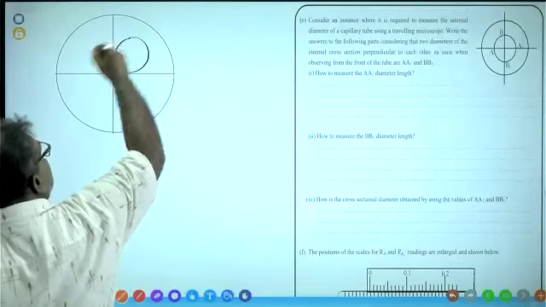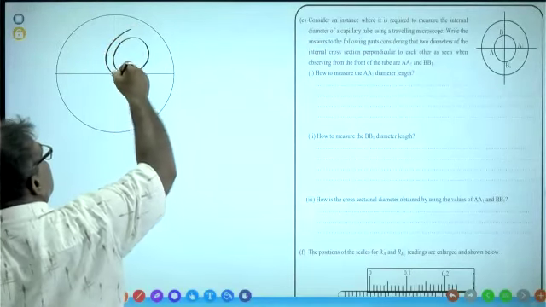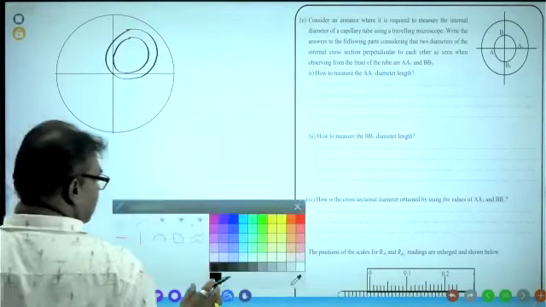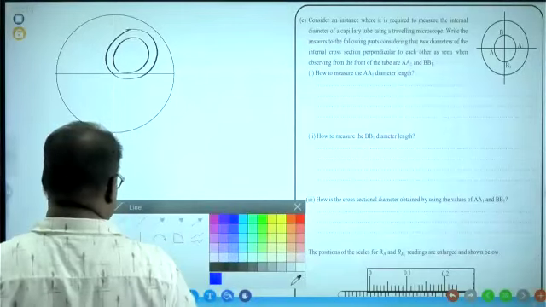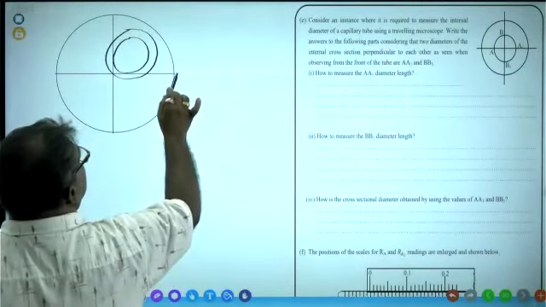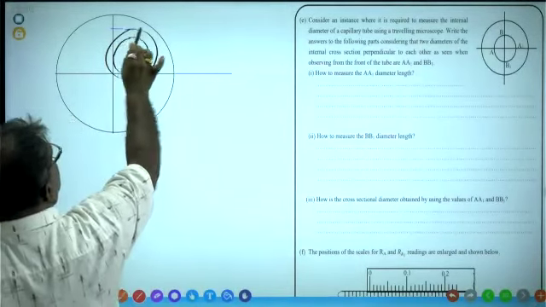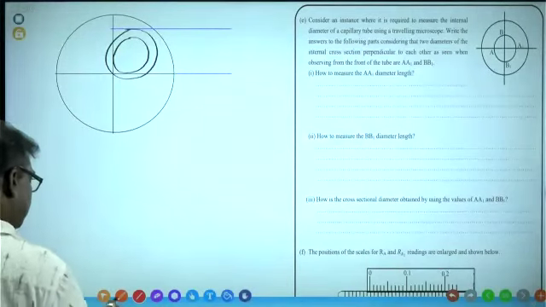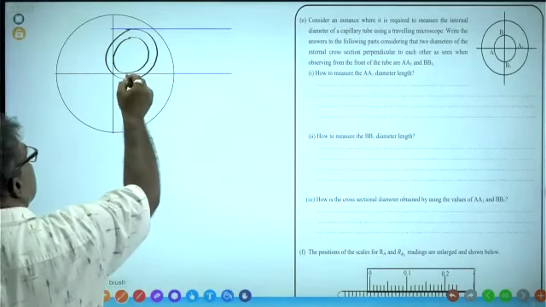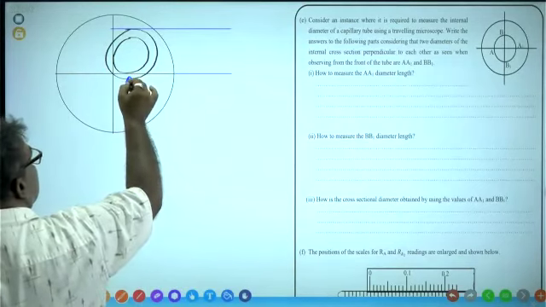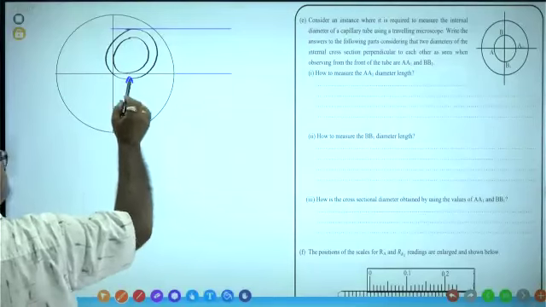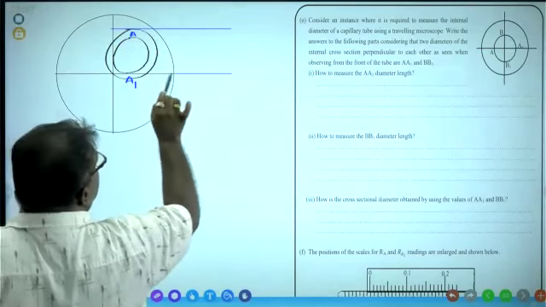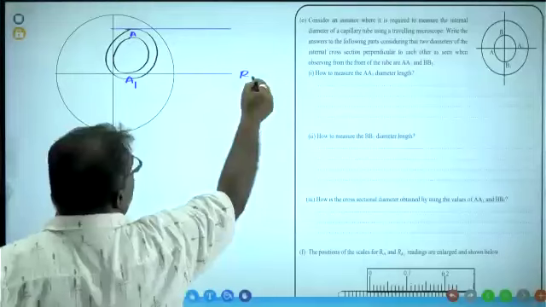If you measure the internal diameter right here, this scale reads here. Let this point be A, A1, and here the point is A. You can take the reading here. Let this one be R1.